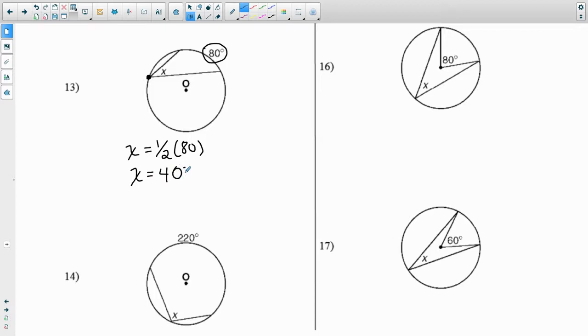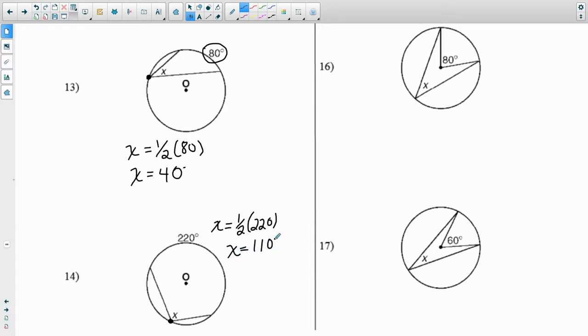It's that simple. If we looked at the one down here, it's almost exactly the same. We have an inscribed angle because the vertex is on the circle, formed by two chords. That means that x would be equal to exactly 1/2 of 220, which means x would be equal to 110 degrees.